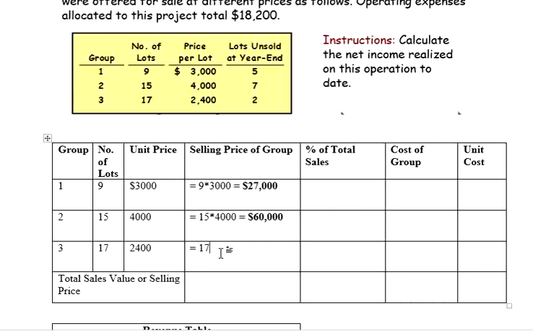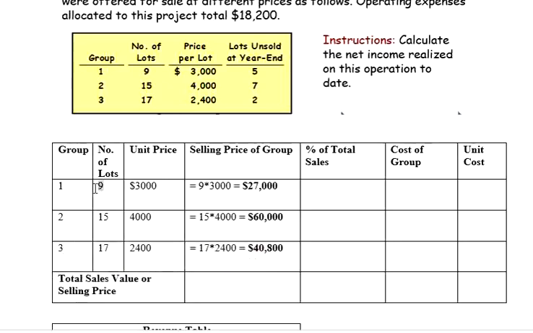In group 3 we got 17 lots, and if we sell all of these 17 lots at a value of $2,400 each, if you multiply that, we get $40,800. So we will receive $40,800 if all of the lots are sold here. So what if I sell everything?